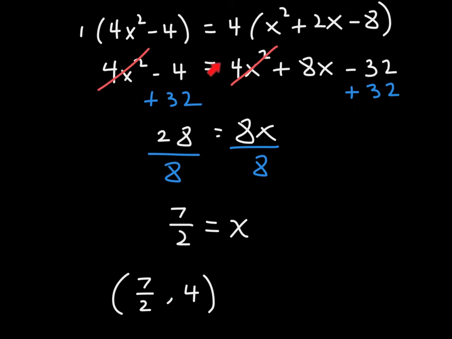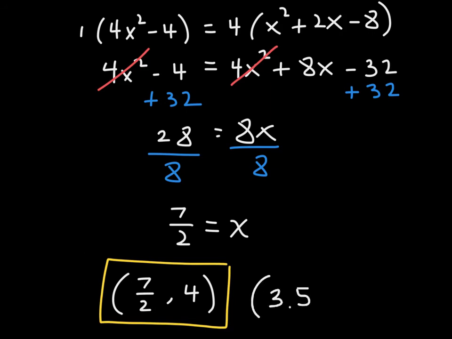Remember, the end behavior asymptote is y equal to 4. So this is the point at which the graph crosses your end behavior asymptote. Don't forget that 7 halves is the same thing as 3.5. So if you want to, you can rewrite this as (3.5, 4). Okay, that's the point at which the graph crosses the horizontal asymptote.